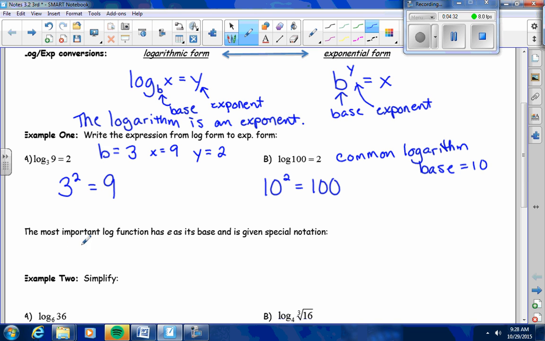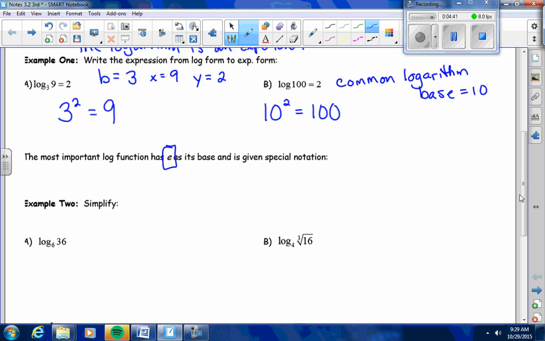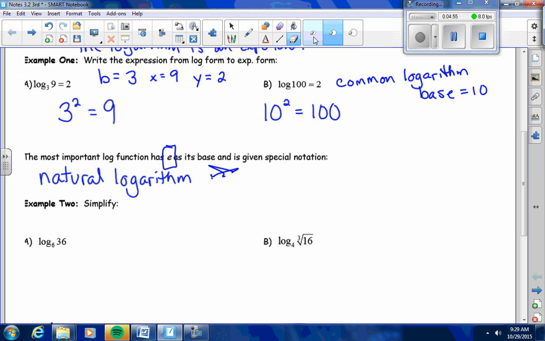Now, one of the important log functions has e as its base, and it's given its own special notation. That is the natural logarithm. The natural logarithm has the form y equals ln of x.